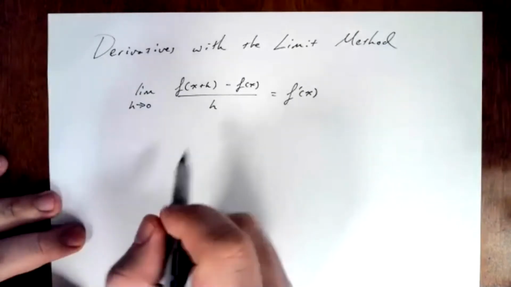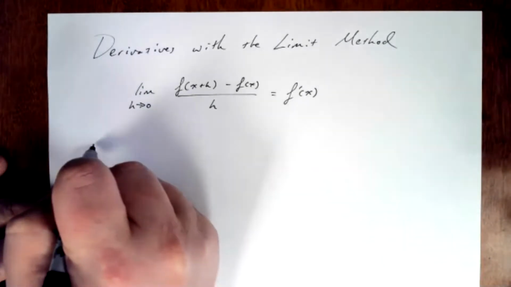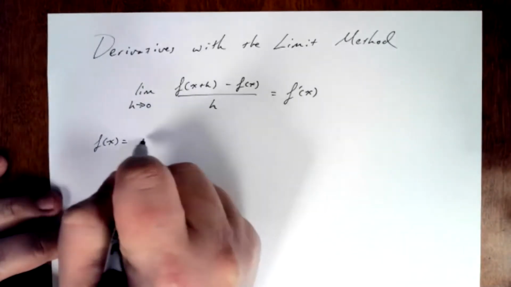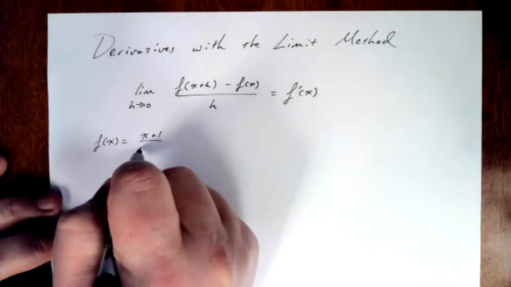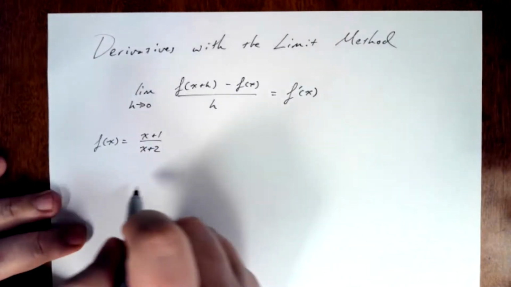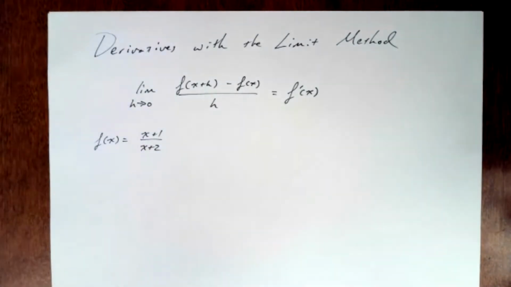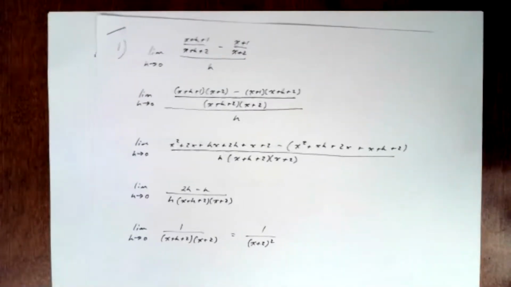So for the two homework problems that you had, f of x was x plus 1 all over x plus 2. So rather than writing all of these out again, I'm just going to give you the answer.